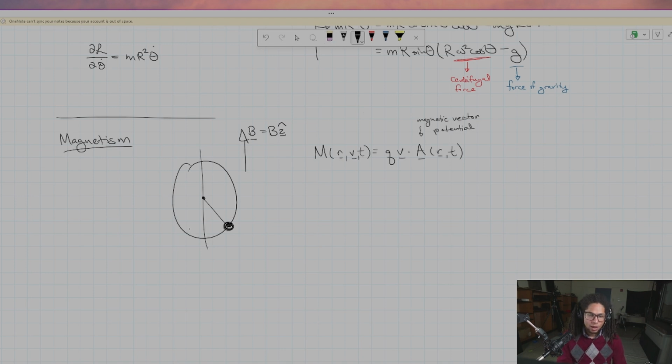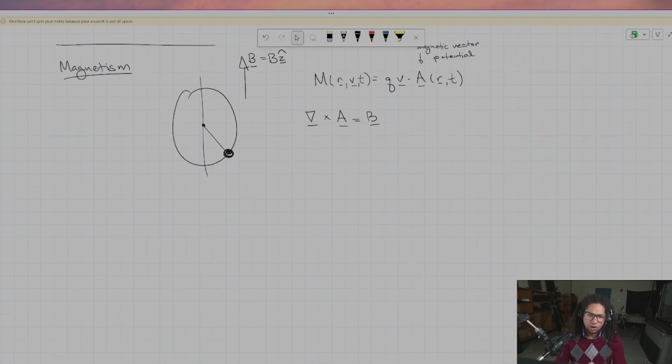Okay. And to make this work, I'm going to need to find the magnetic vector potential, which, remember, is not unique. It is any vector field that satisfies del cross A is equal to B. These choices are also called gauges, but that's not really necessary for us. In any case, the correct choice is what's called the symmetric gauge, which is to put A in the phi direction.